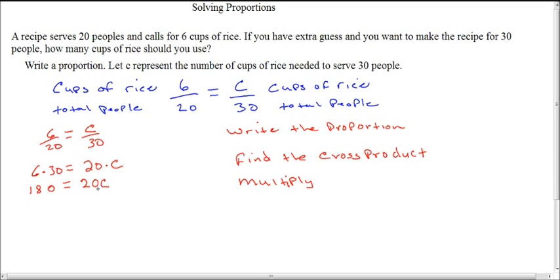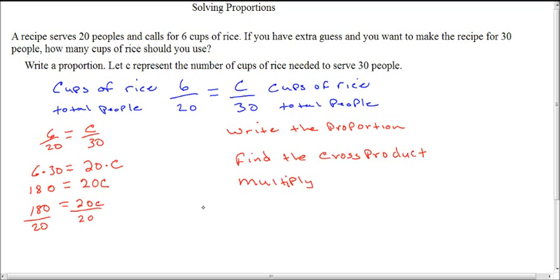We can still divide just like we did with the coefficient and the constant on the left side. So we have the same thing here. We need to divide by 20 to get C by itself. So let's rewrite this, and we're going to divide both sides by 20.